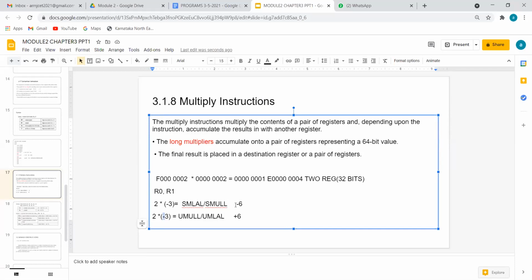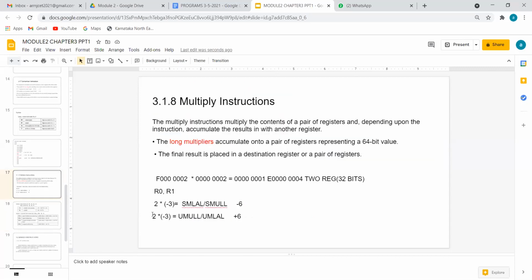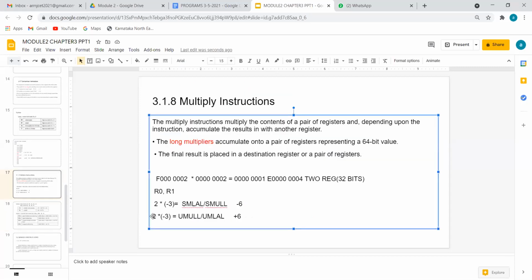If you want the answer with polarity, then use signed. If you want only magnitude, then you use U, meaning unsigned. So let's first study unsigned because it's simple. Now I am explaining 2 star of minus 3.